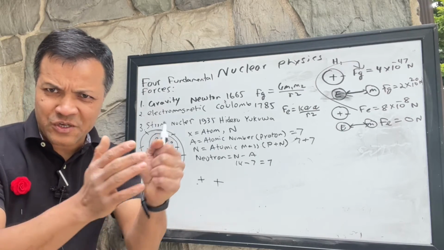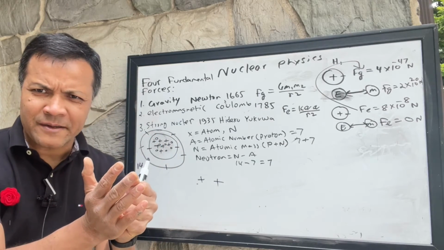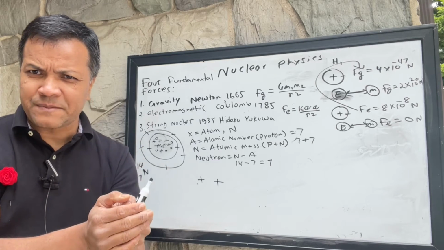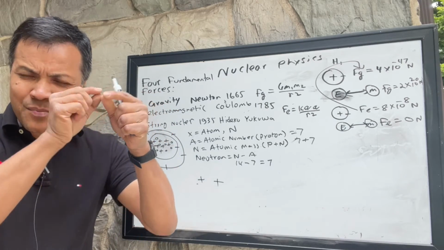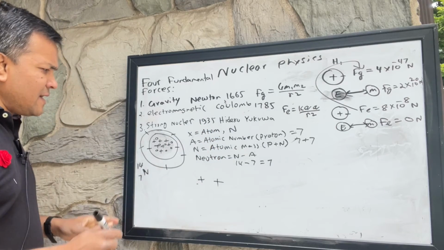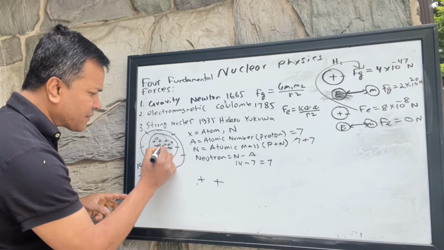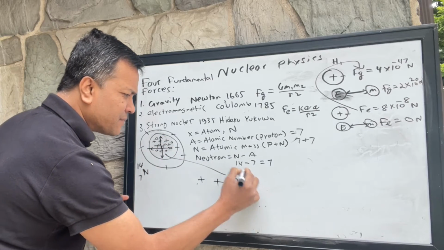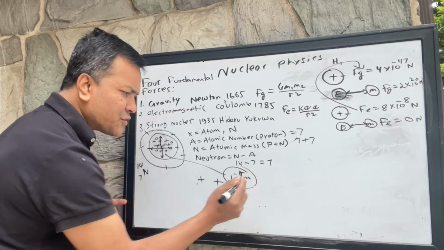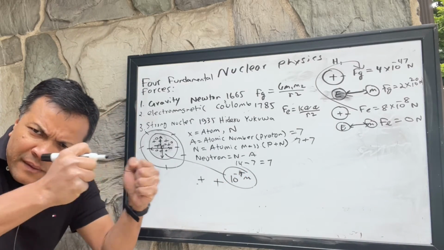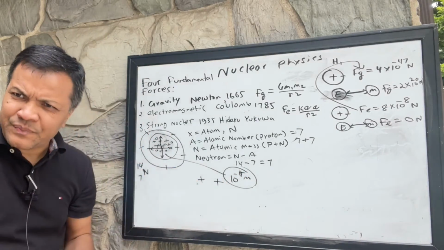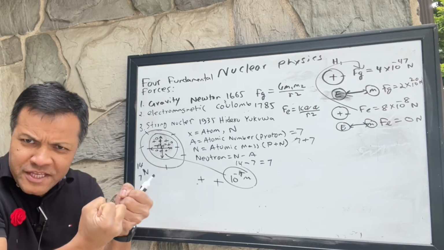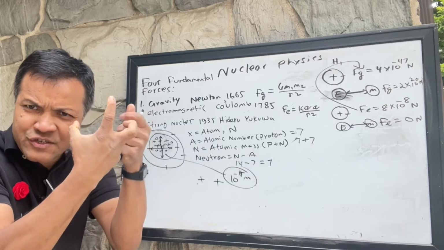Now, one thing that is responsible for making it stable, or at least holding it together, is the strong force, because the strong force is stronger than the electrostatic force within 10 raised to negative 15 meter from the center of the nucleus. So if this is the center of the nucleus, 10 raised to negative 15 meter, within that area, the strong nuclear force is stronger than what?